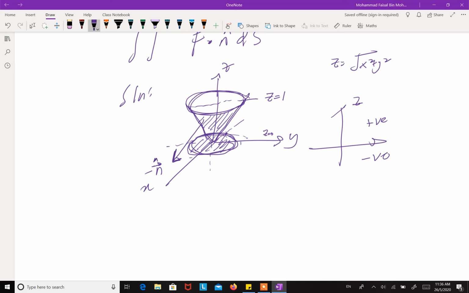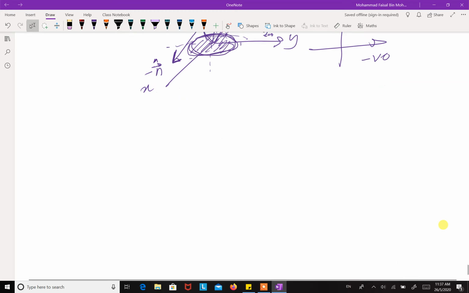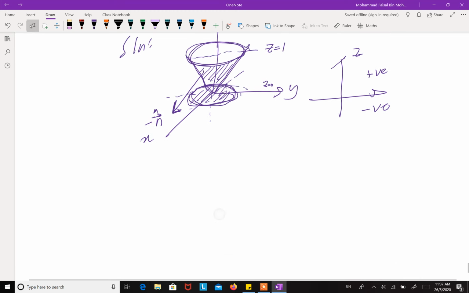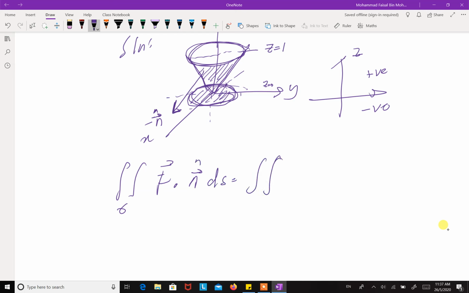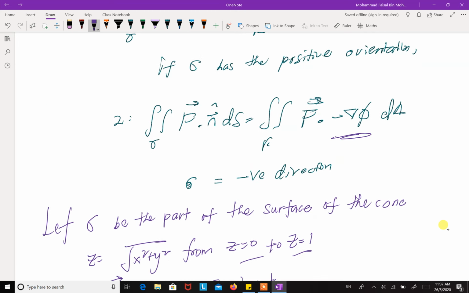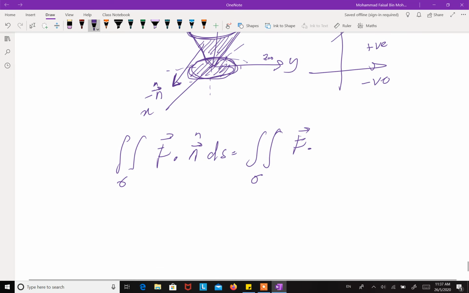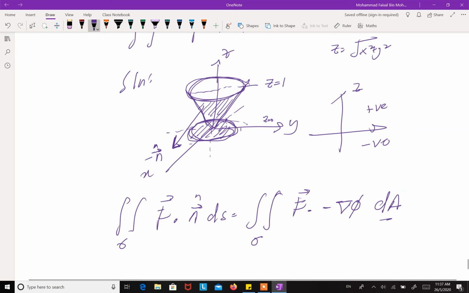So we have the integral over sigma of F dot n dS will be the double integration over the region of F dot negative gradient phi dA, and our dA is on the XY plane, the surface on the XY plane.